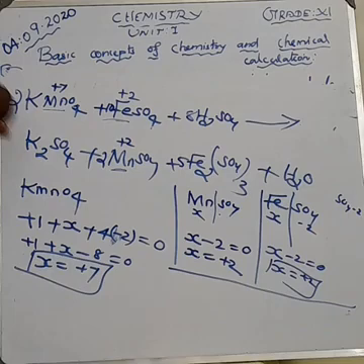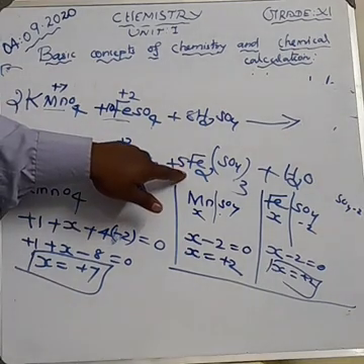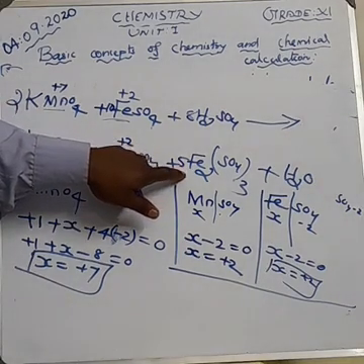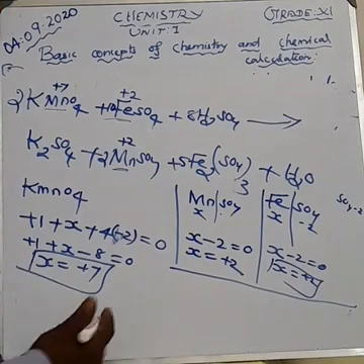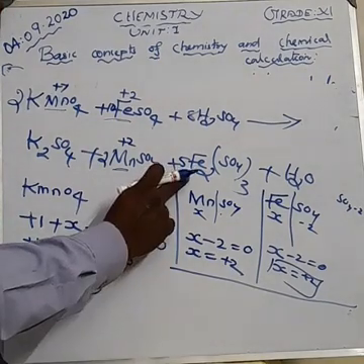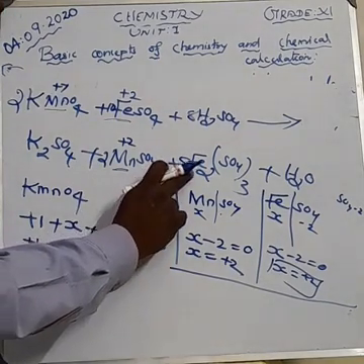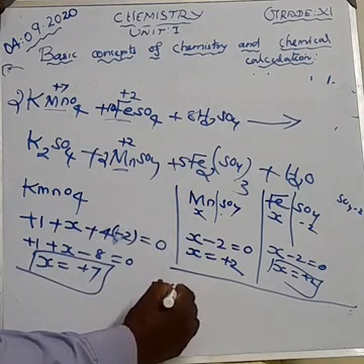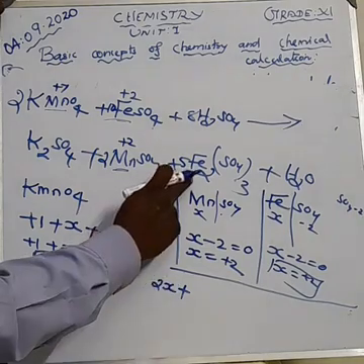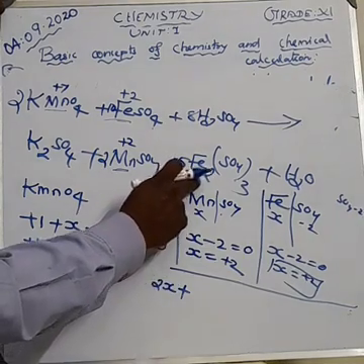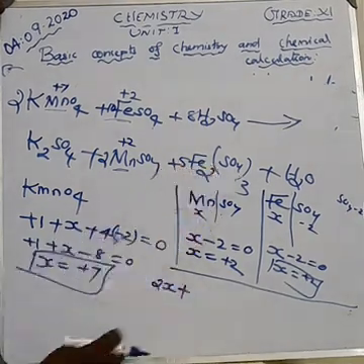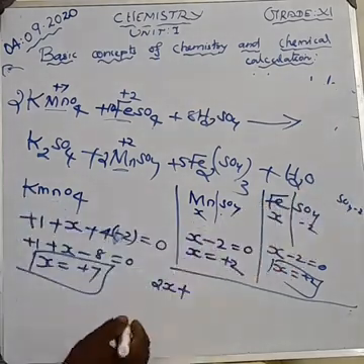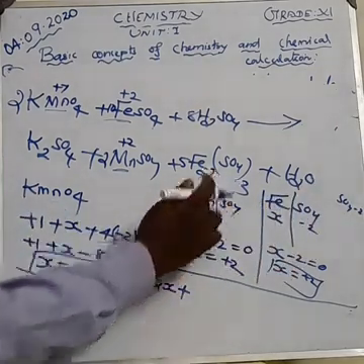Last one, we are taking ferric sulfate. So here in ferric sulfate, we should find out two ions. Am I right? Two ferric. So 2x, we are taking 2x because 2 ferric is there. 2x plus sulfate, I already told you, minus 2. How much sulfate ion is there? 3.